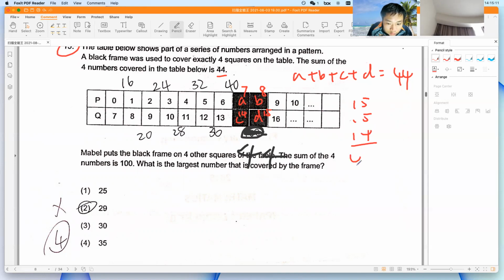Oh yes, they add up to 44. So the pattern continues. What's the pattern? The pattern is you use this black frame to cover the next. So the next is 1, 2, 3, 4, 5, 6, 7.